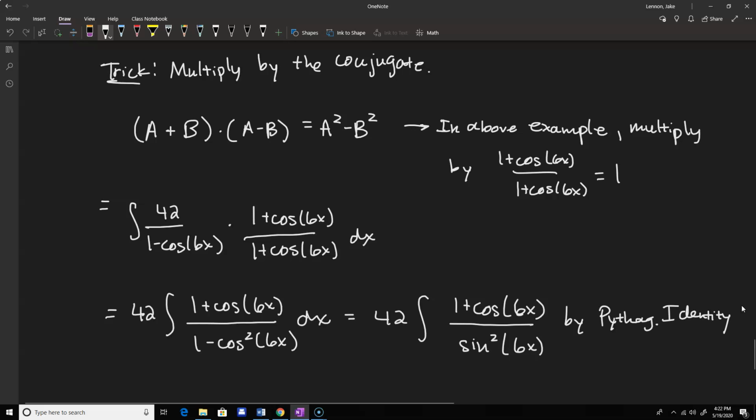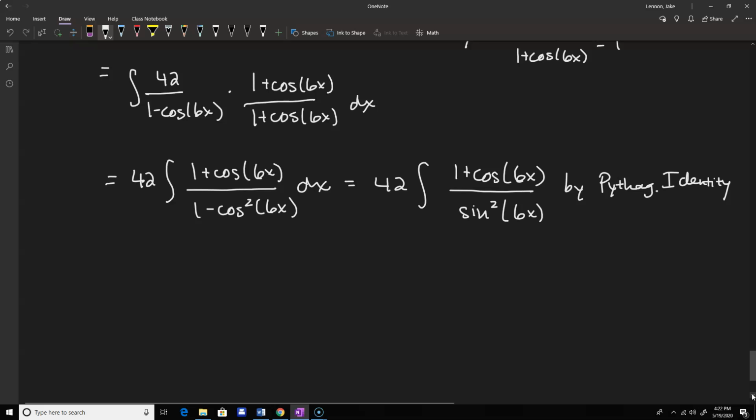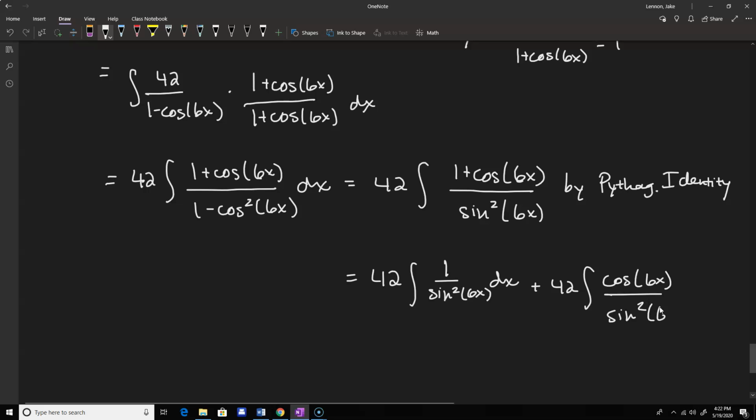And then we can go back to rewriting the thing that we're integrating, using the common denominator to split that up. So we have 42 times the integral of 1 over sine squared of 6x dx plus 42 times the integral of cosine of 6x over sine squared of 6x dx.